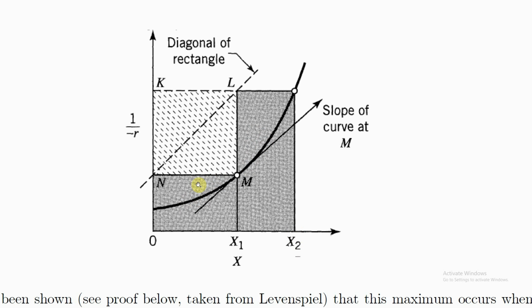So if reactor 1 is chosen poorly, then you'll have a large overall volume. And we can think about what happens as we slide this x1 value around. So remember, as we choose different values for x1, that's going to determine the total volume.